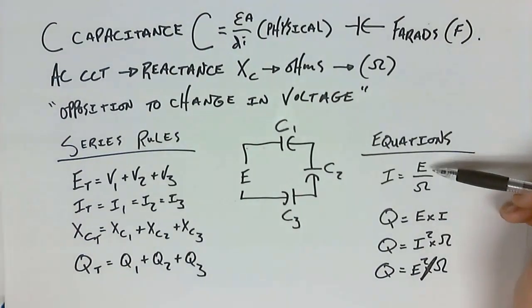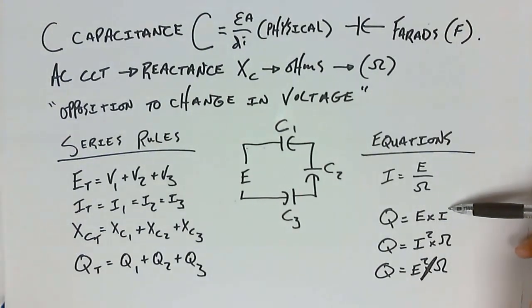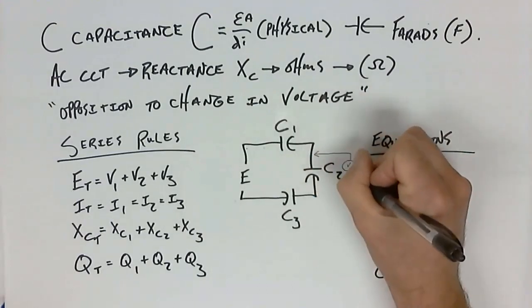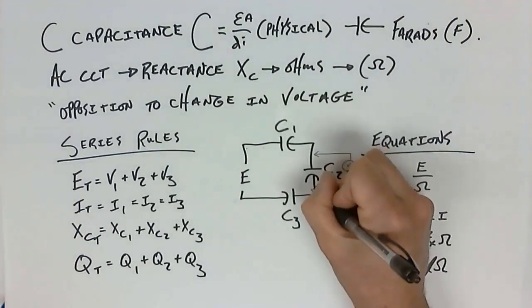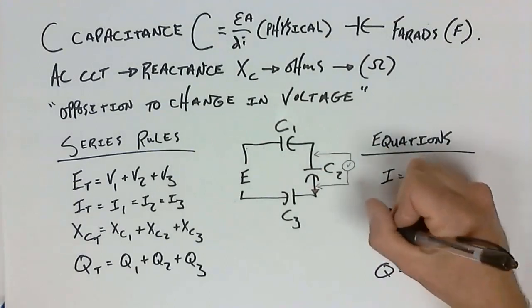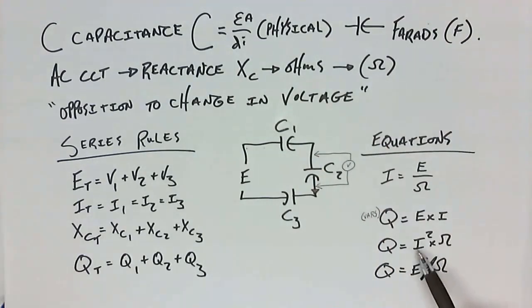The current is equal to the E divided by the ohms. Q is equal to E times I. And remember, the voltage across a capacitor times the current through a capacitor would render this value of Q, and remember, VARs. Also, current squared times the capacitive reactance, and the voltage squared divided by the capacitive reactance.